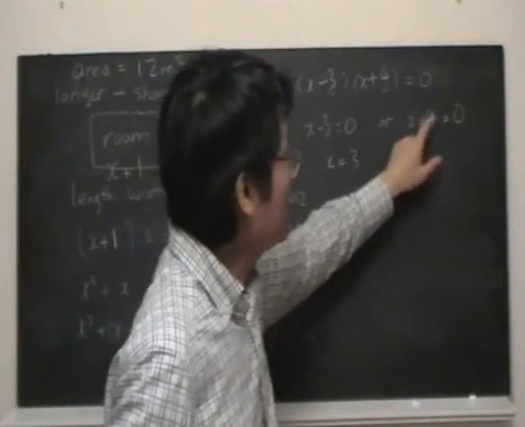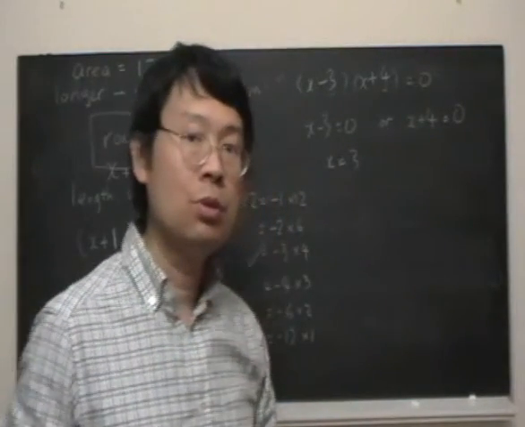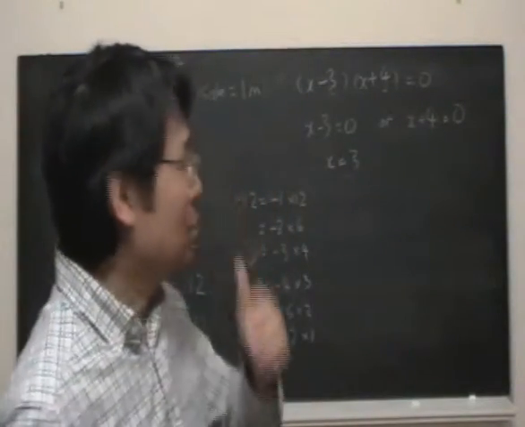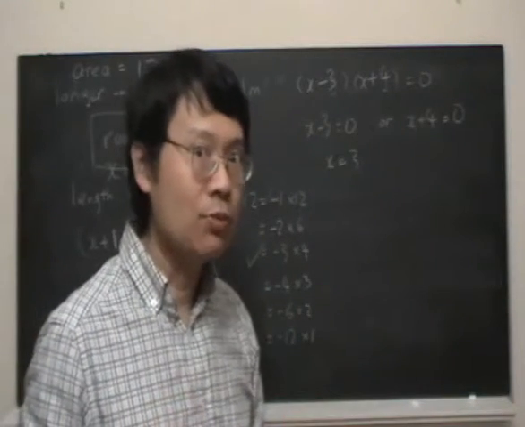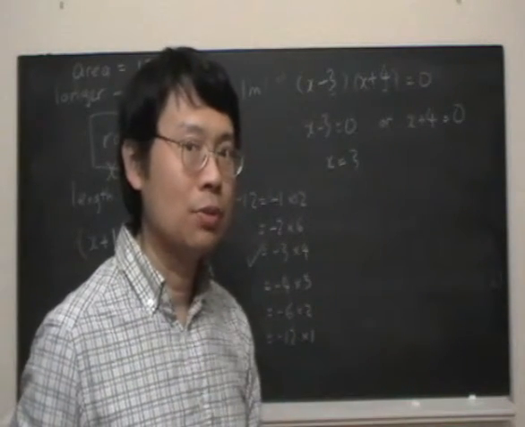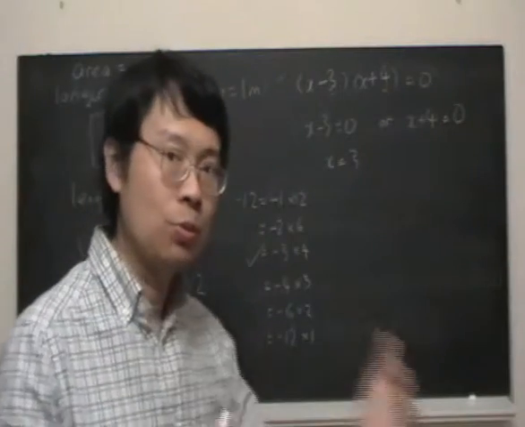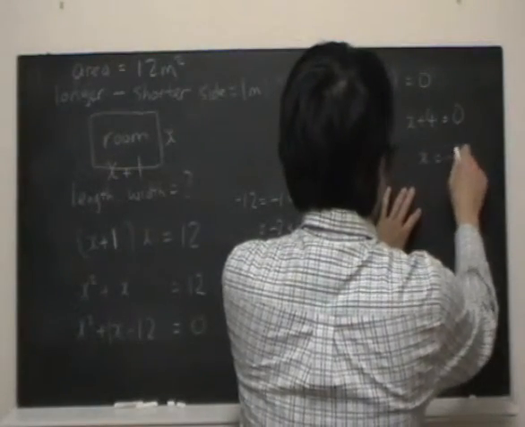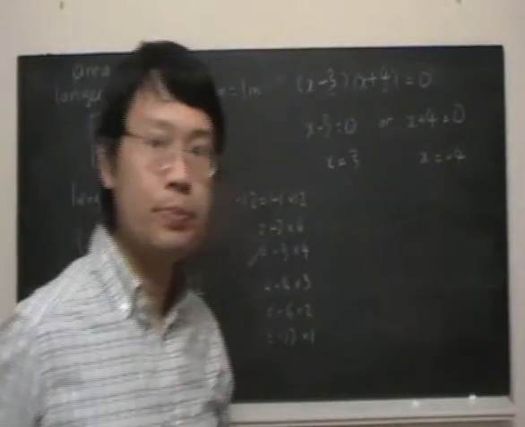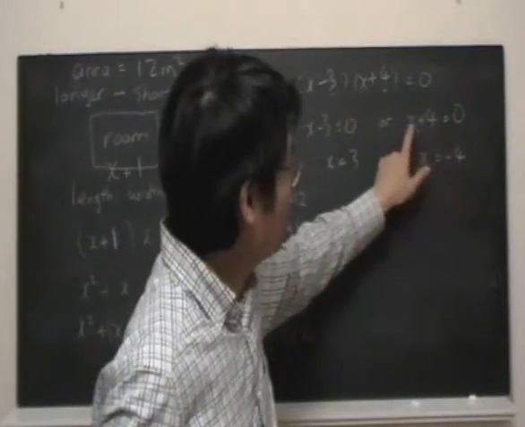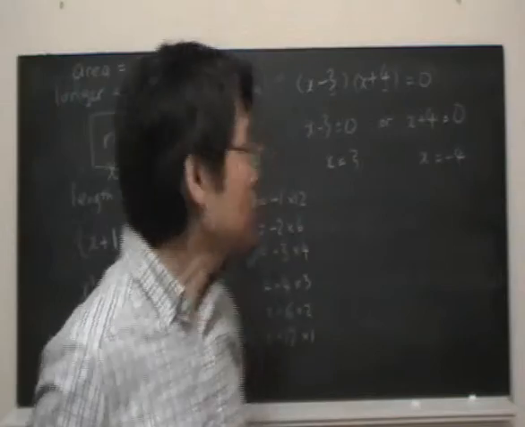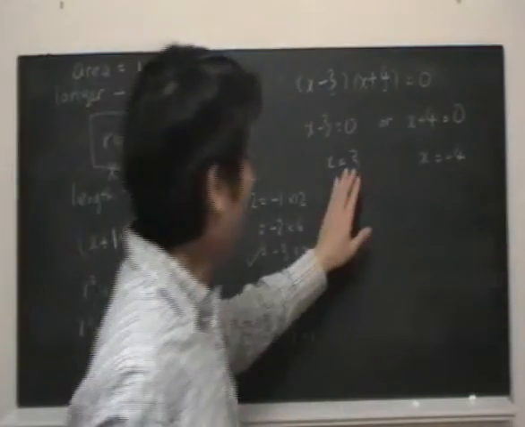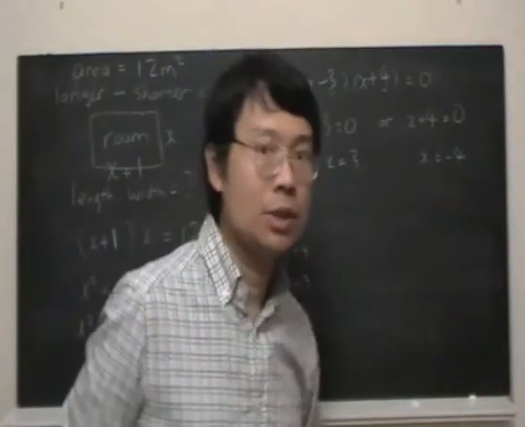Likewise, if we have x plus 4 equals 0, what is x? Well, minus 4 plus 4 is 0. So x must be minus 4. So we have these two answers, x is 3 or x is minus 4.